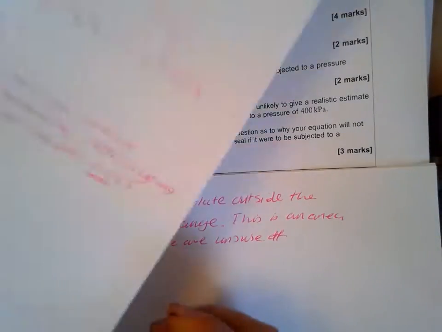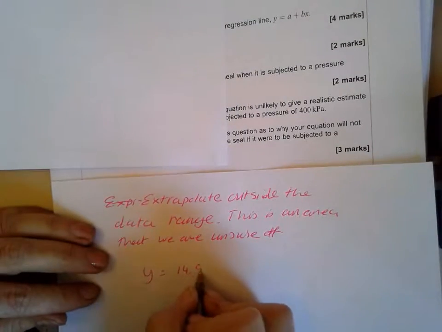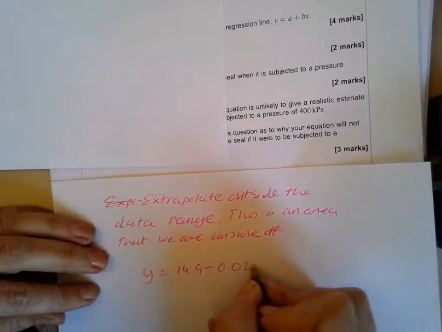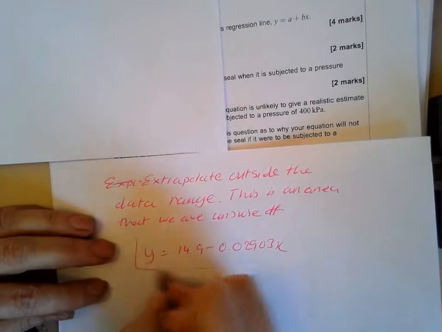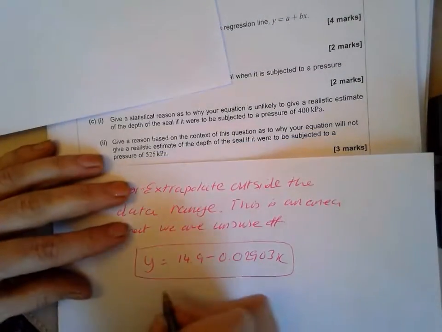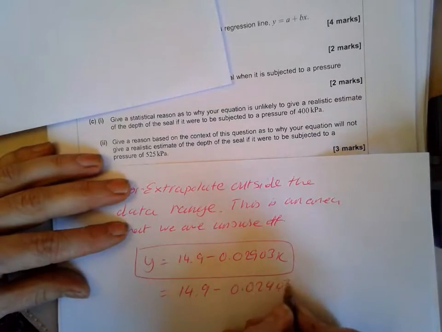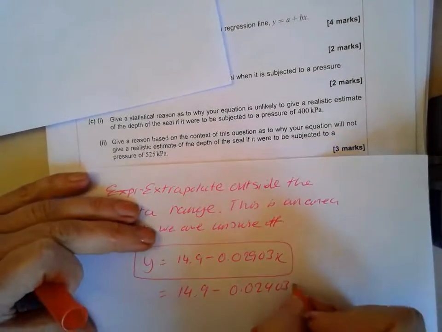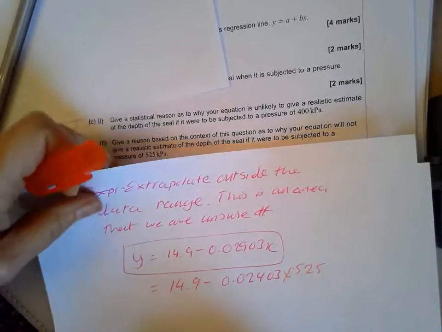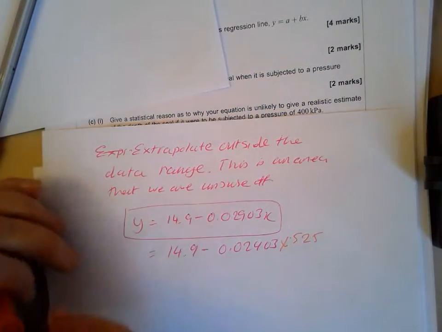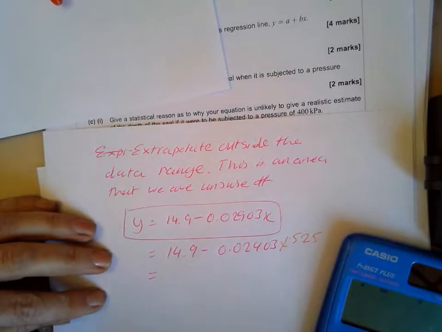So from before we have y equals 14.9 minus 0.02903x, that is the equation. Okay, and so then you can put 14.9 minus 0.02903 times 525. Okay, and I think it's going to be negative, so that is the key, and you can't have a negative value for volume.